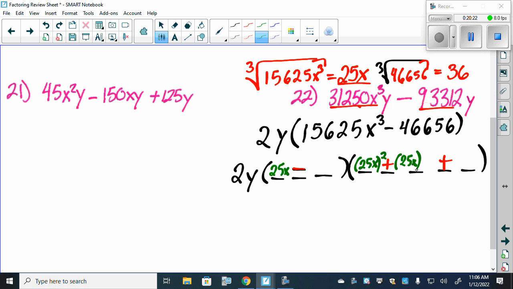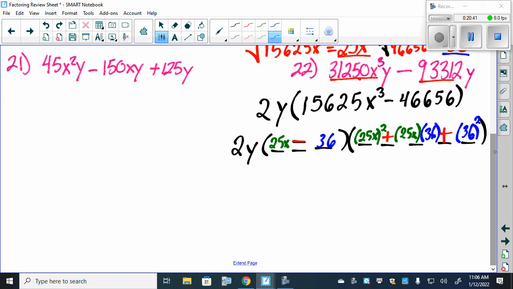And the second set of numbers is 36. So here we would have 36. We don't put anything with the 25x squared, but in the last one we'd have 36. And lastly, we need to simplify.